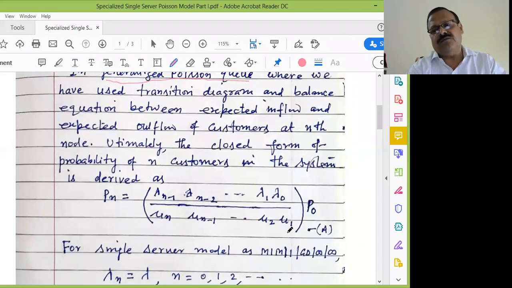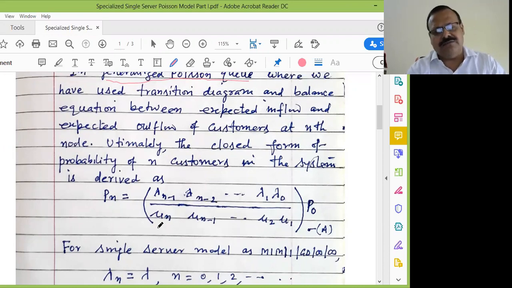Remember, for memorizing this particular formula, you have to keep in mind, here is n minus 1 and here is n. So you will start from lambda n minus 1 and end up at lambda naught. But in the denominator you will start from mu n and end up at mu 1. Here it ranges from 0 to n minus 1, and here from 1 to n.